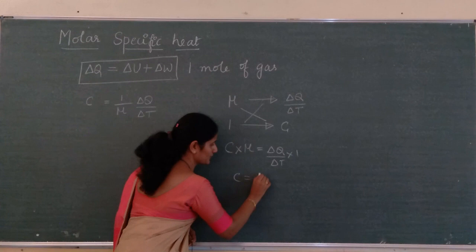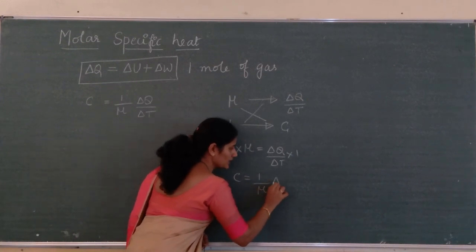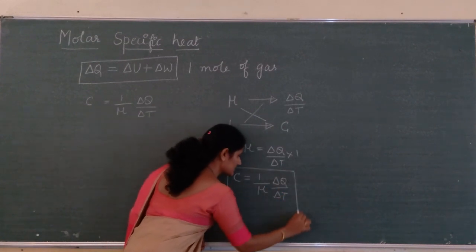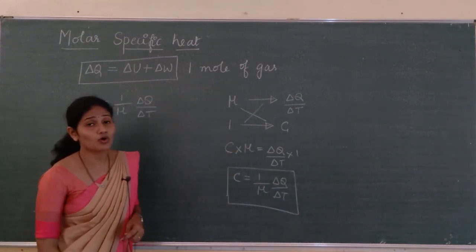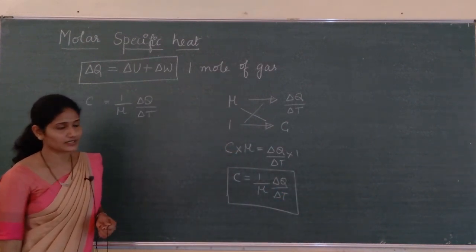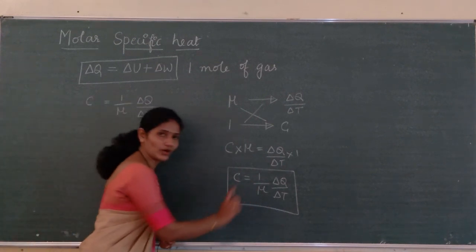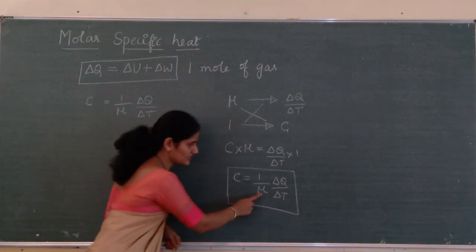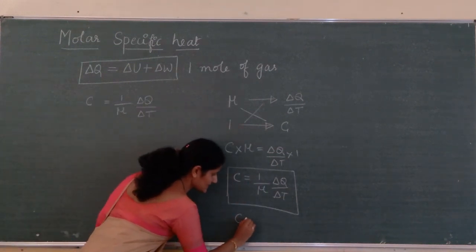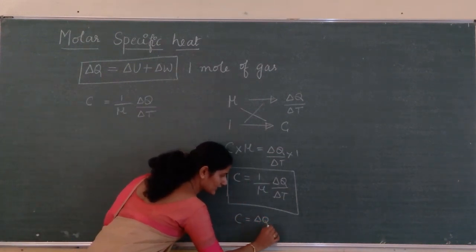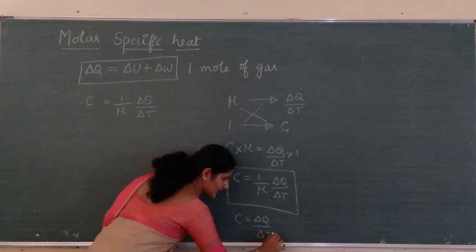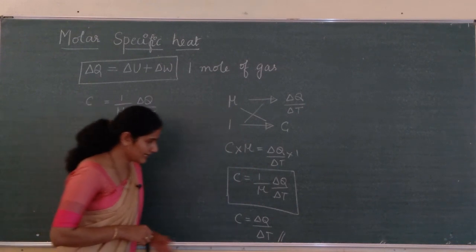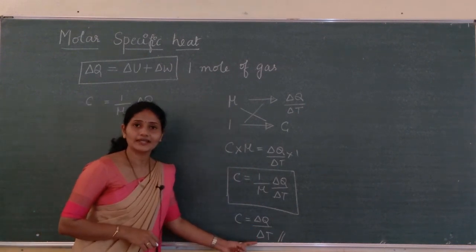So, C is equal to 1 by mu into delta Q divided by delta T. This is the general expression for molar specific heat capacity. If mu is equal to 1, for 1 mole of gas, in that case, C is equal to delta Q divided by delta T.